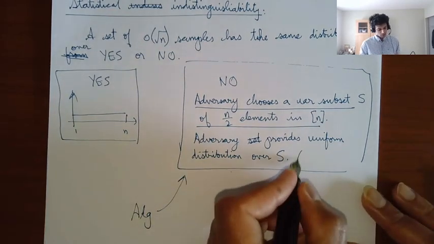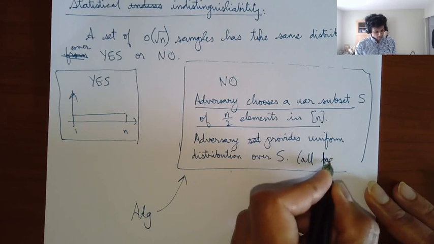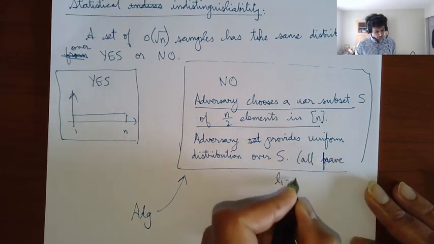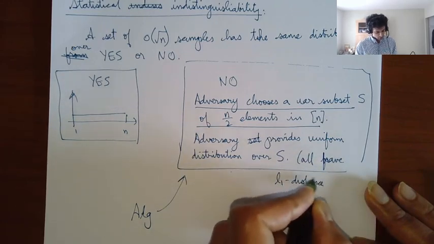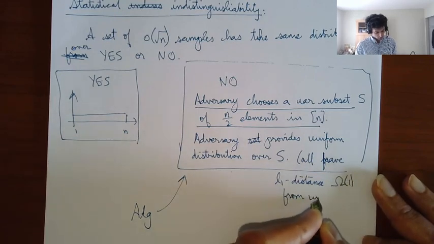Now note that all of these have L1 distance omega 1 from uniform.